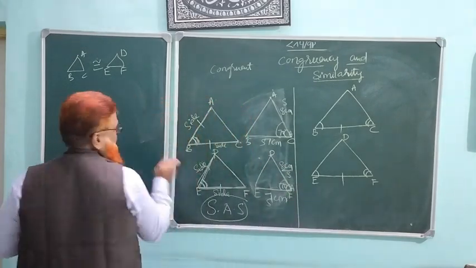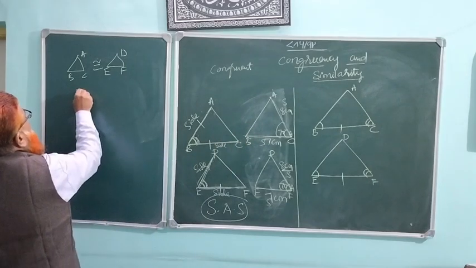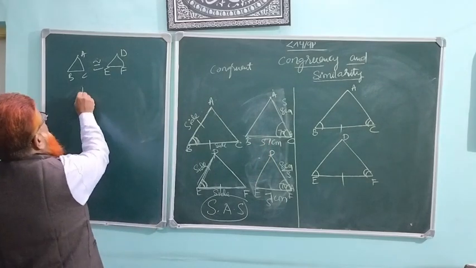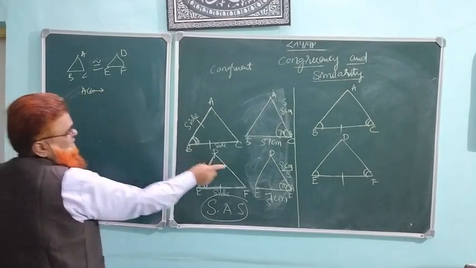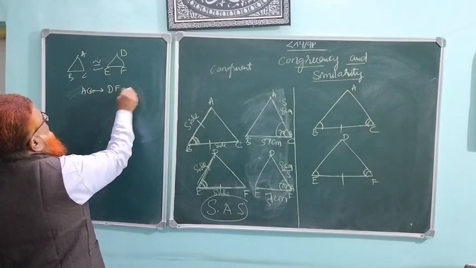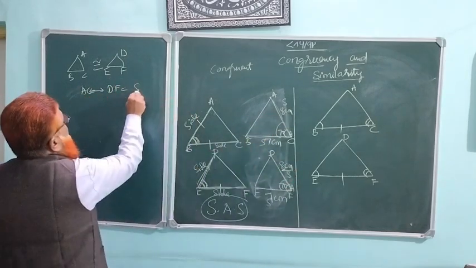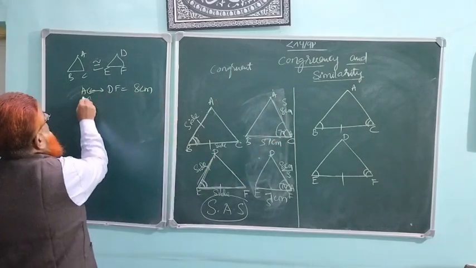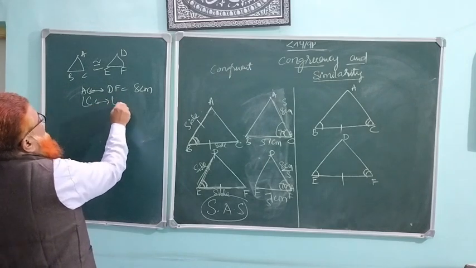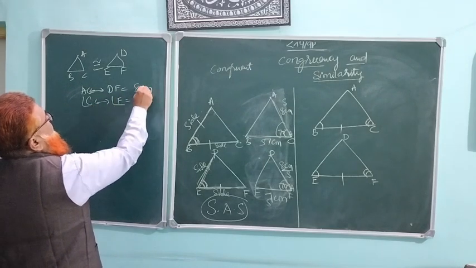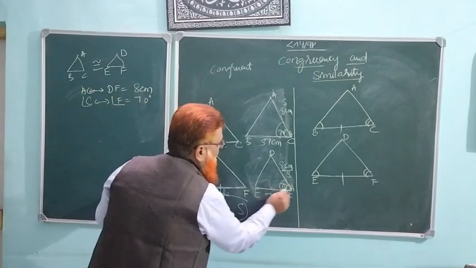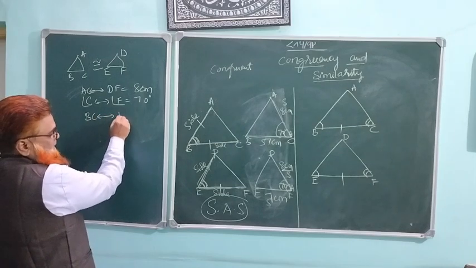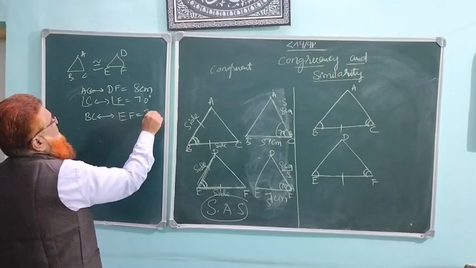What is given? Side AC corresponds to side DF, which is equal to 8 centimeter. Similarly, angle C corresponds to angle F, which is equal to 70 degree. Similarly, side BC corresponds to side EF, which is equal to 7 centimeter.